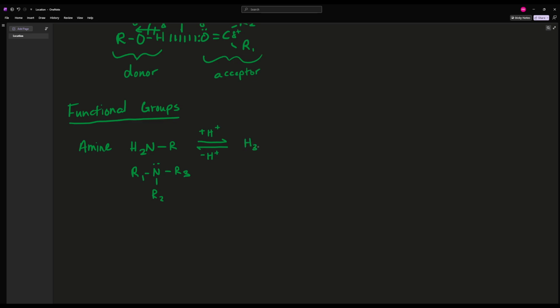And now, remember how we showed earlier that when we did this, nitrogen gets a positive charge? That's what happens. In other words, we've added a proton. Remember, H plus is just a proton. It's a hydrogen atom without an electron, which is just a proton. And so we call this the deprotonated state. And this is the protonated state.